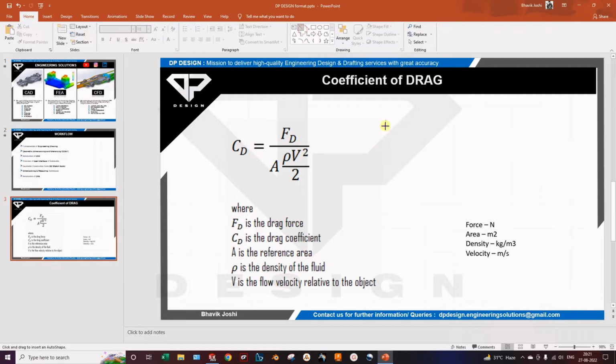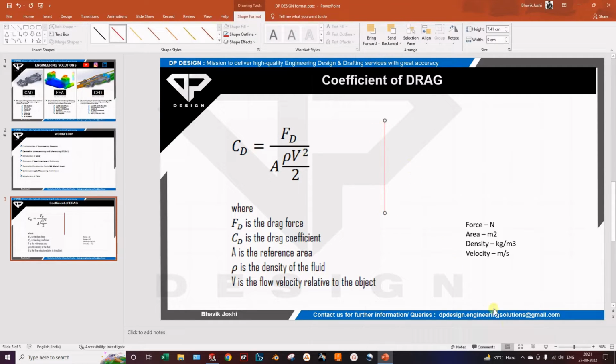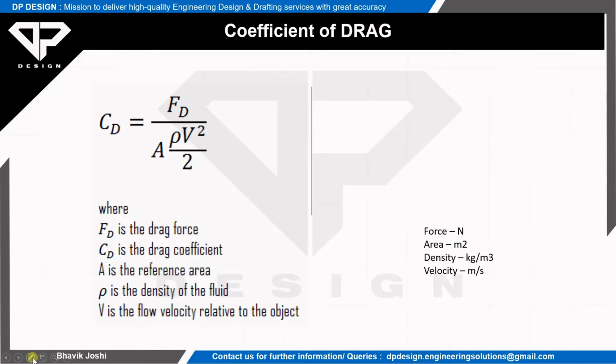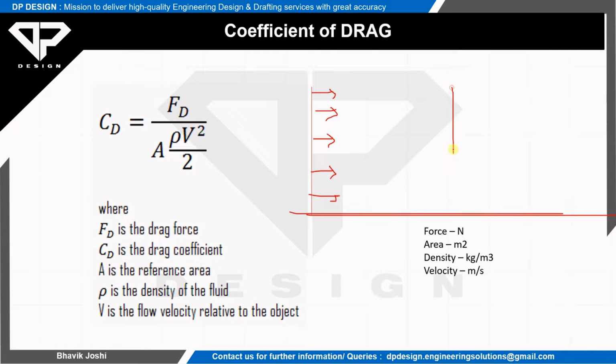So if this is your flow and this is your ground, at a particular point u is equal to 0. This can also be known as the free-stream velocity or oncoming flow.